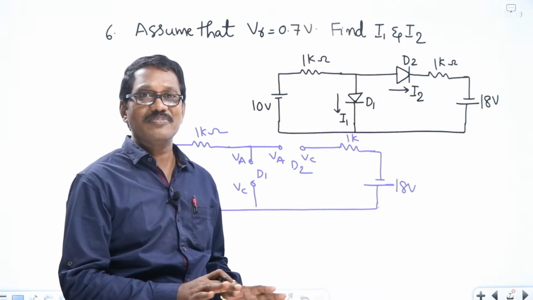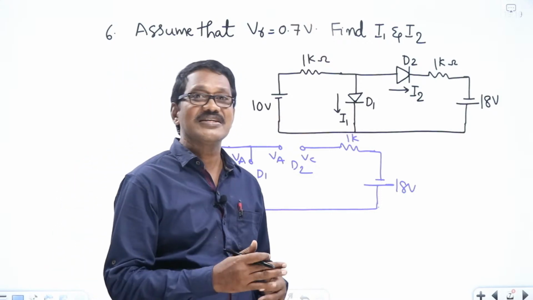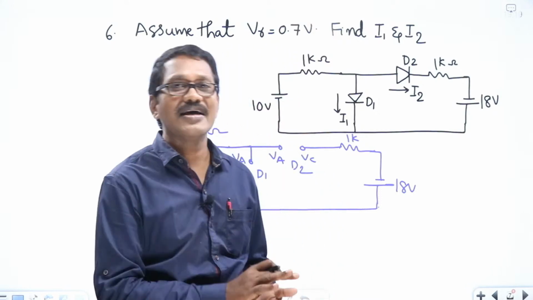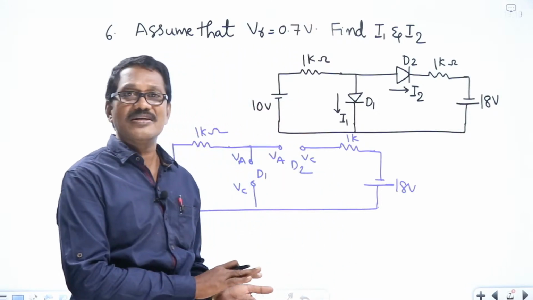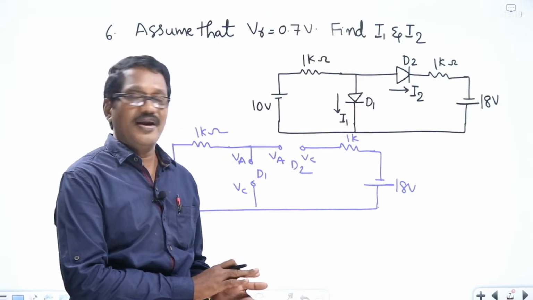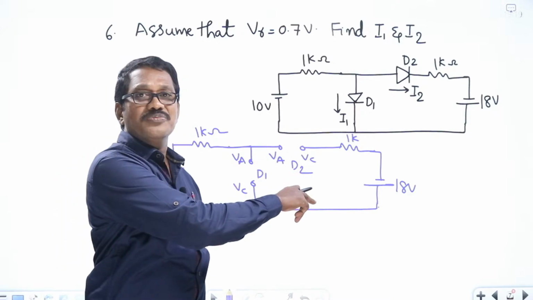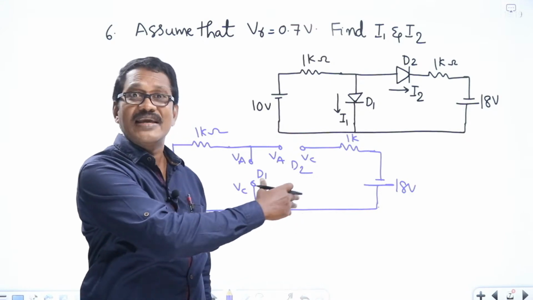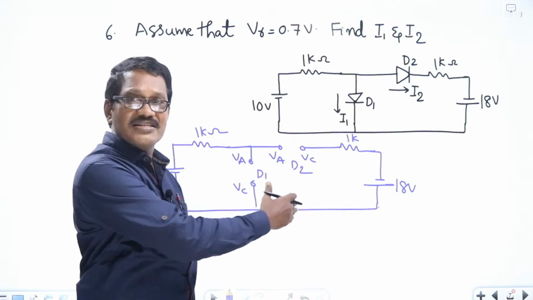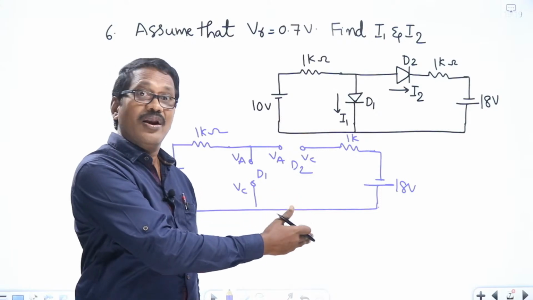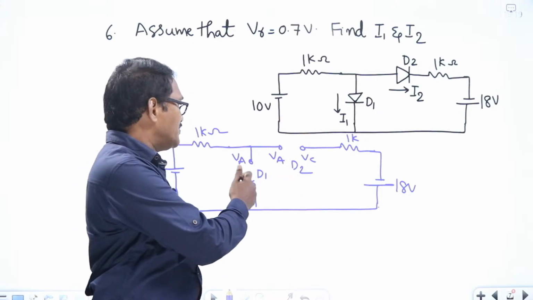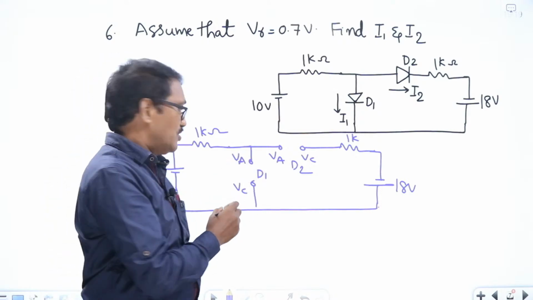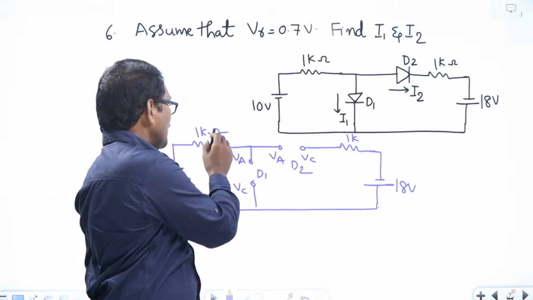The diode which is on first is replaced by V gamma, that is 0.7 volts, and the other diode is replaced by open circuit. Just assume that the current through the circuit is X. Now by applying KVL, find the X value. Now calculate VA minus VC for D1. That means 10 minus 10 cube X.